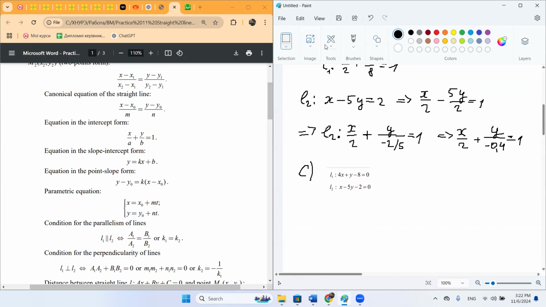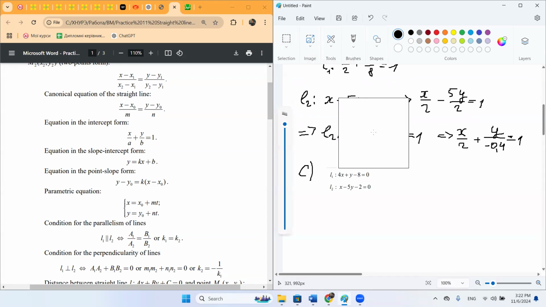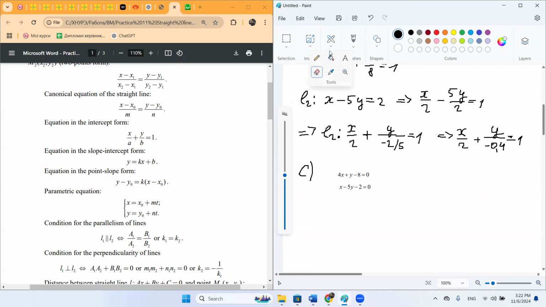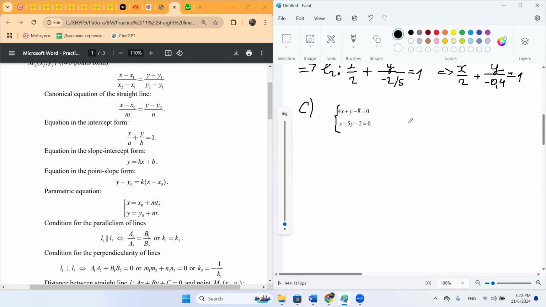So you don't remember. We need to find the intersection of these lines. Well, it's quite easy. We need to solve this system of equations of these lines. And that's it.